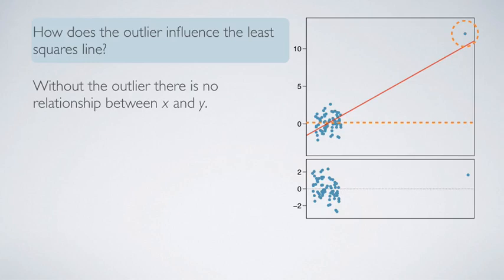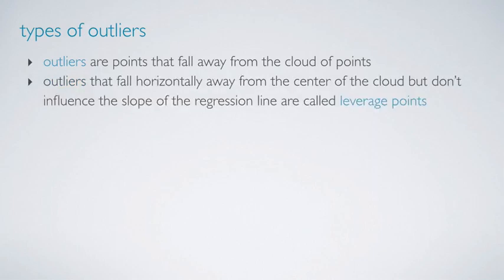Therefore, without the outlier, there is no relationship between x and y, and this one single outlier makes it appear as though there is. There are various types of outliers, and depending on the type is how we decide how to handle them. In general, outliers are points that fall away from the cloud of points. Outliers that fall horizontally away from the center of the cloud but don't influence the slope of the regression line are called leverage points.